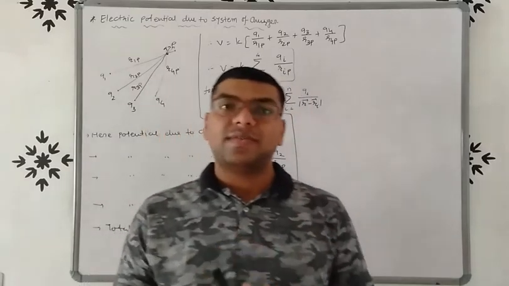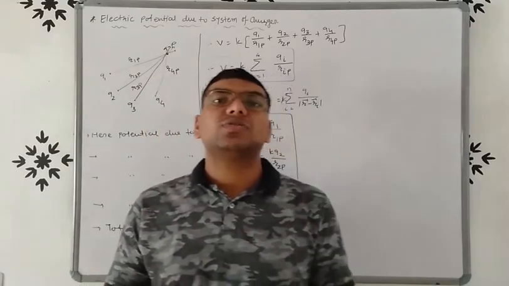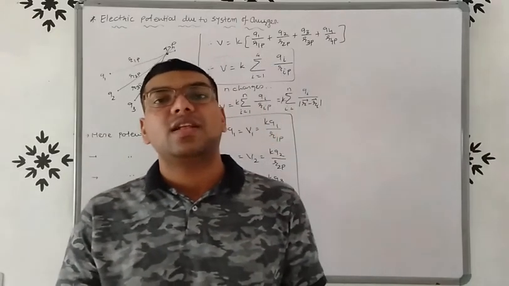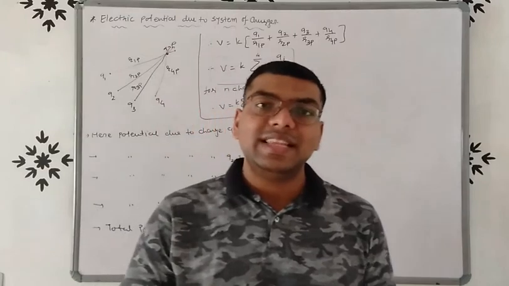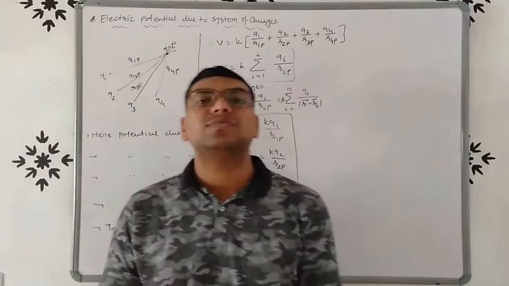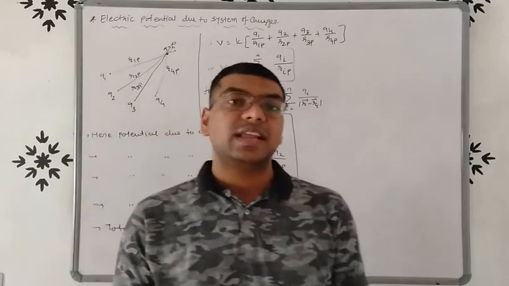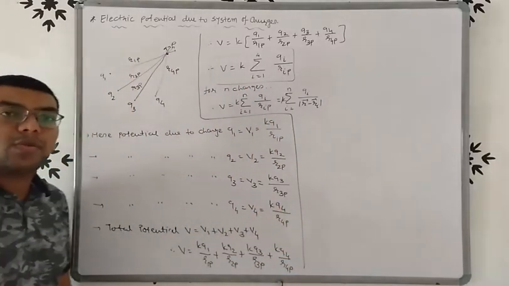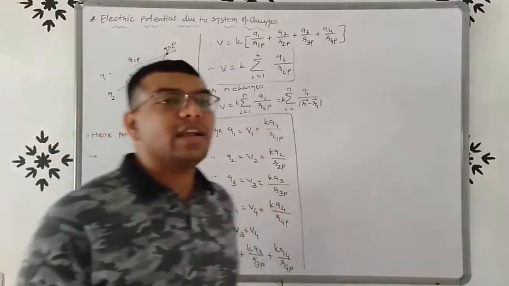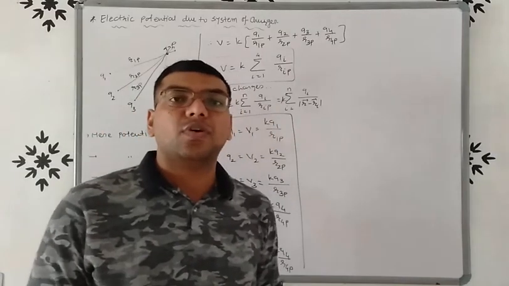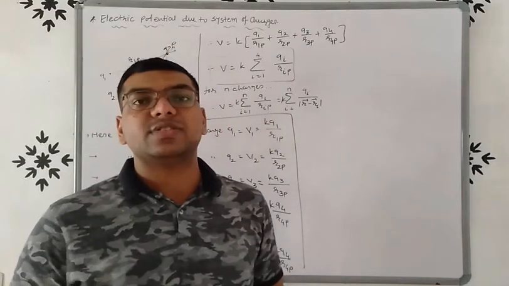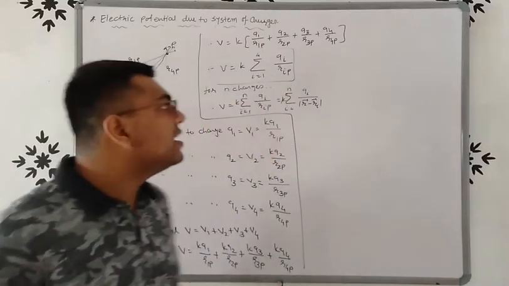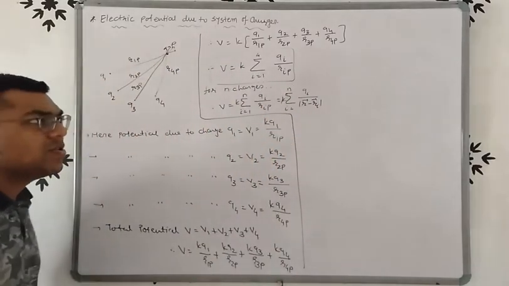So here we can also define the formula of potential for this linear, surface and volume charge distribution. So now we will discuss the formula of electric potential for the linear charge distribution, then surface and volume charge distribution, right?